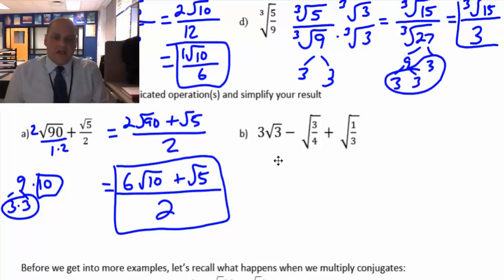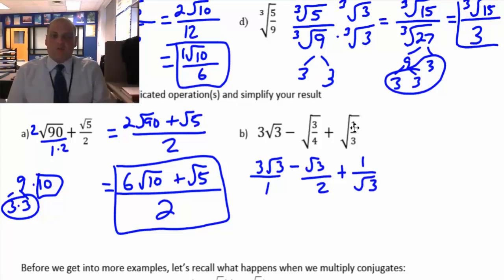All right, so we have 3 radical 3 minus radical 3 over 2, because square root of 4 is 2. Put this over 1. And then this is 1 over radical 3, because radical 1 is just 1, and then radical 3.